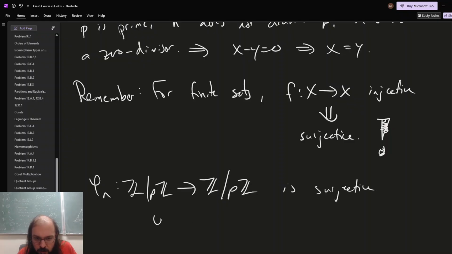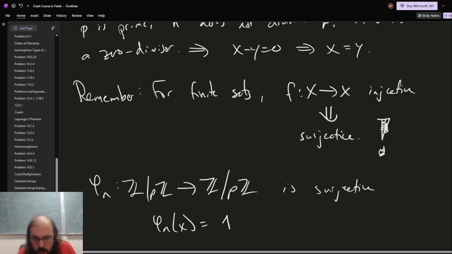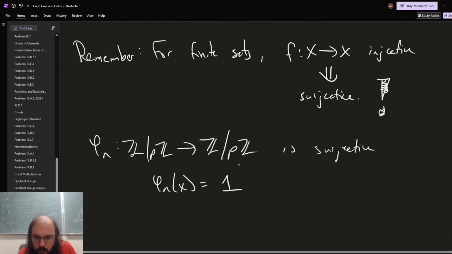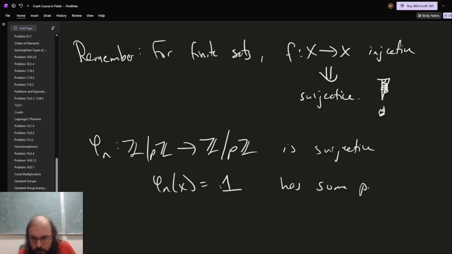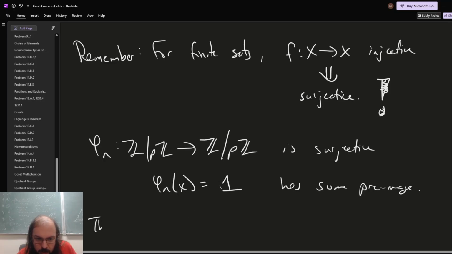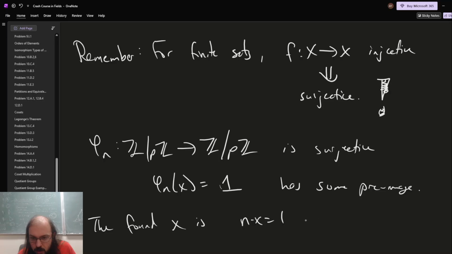And so in particular, phi_n of x equals 1 is solvable, right? Because it means that this element of the codomain has a pre-image somewhere. And therefore the x that you find has n times x equals 1, that is, the inverse of n.